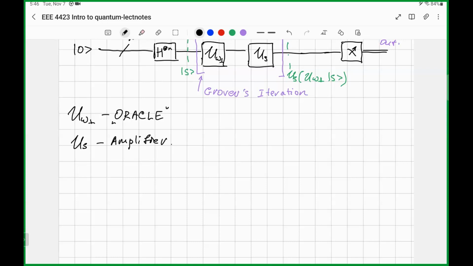So we amplify the probability of finding or detecting the state we are searching for in the classical measurement. But of course, this also means that we amplify the amplitude of the state vector.